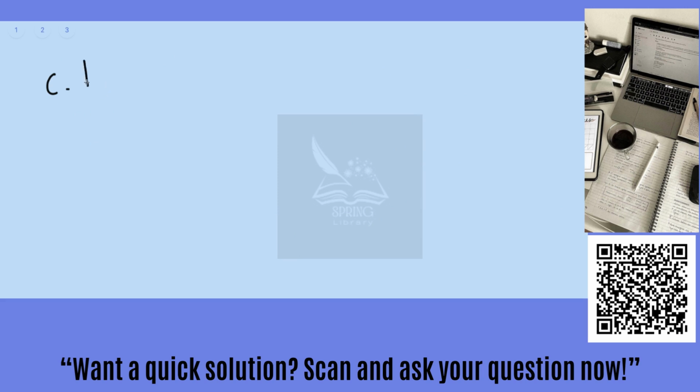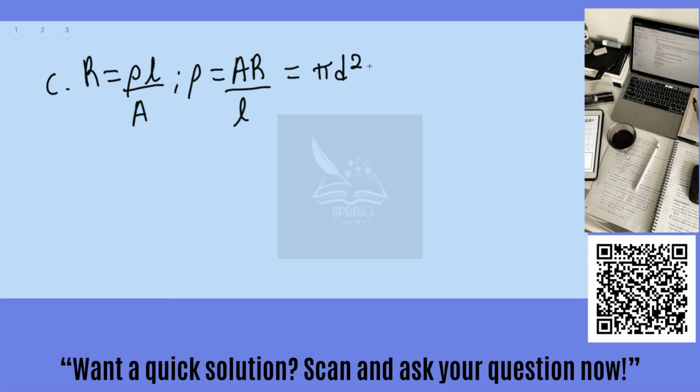So the resistance is going to equal the resistivity times the length divided by the area. And this is going to be the resistivity equals the area times the resistance divided by the length. So this will be equal to pi d squared R over 4L.